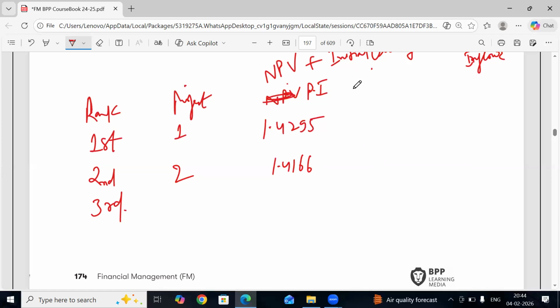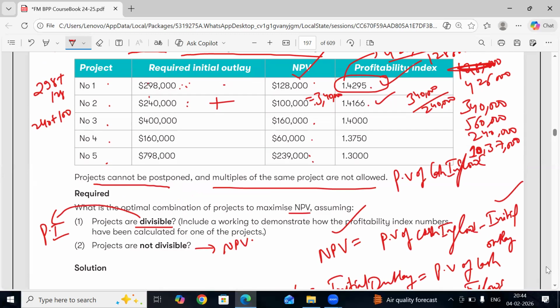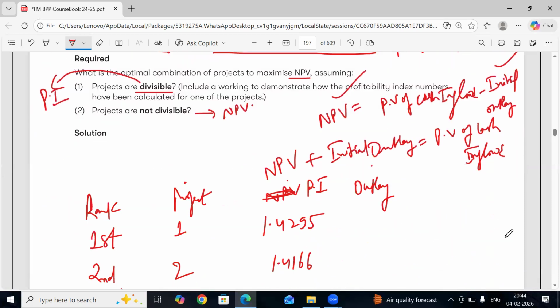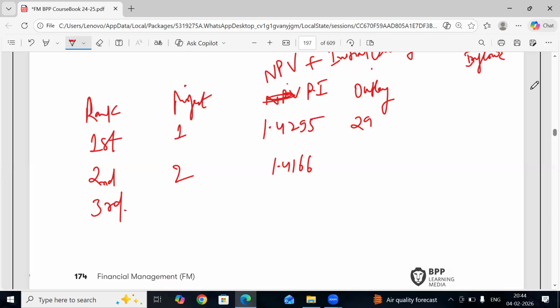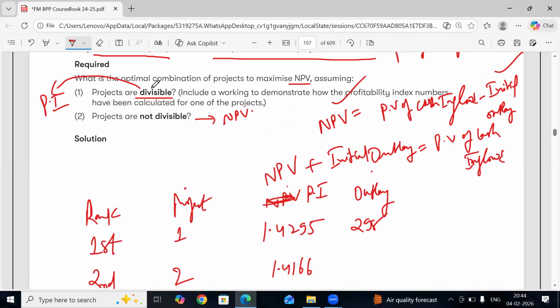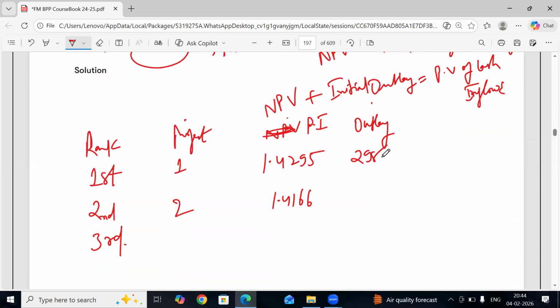Here the outlay, how much we can invest: 2,98,000 is the outlay, and then 2,40,000. They themselves told us to take divisible and non-divisible, two aspects they wanted us to consider. So the question becomes very clear now.